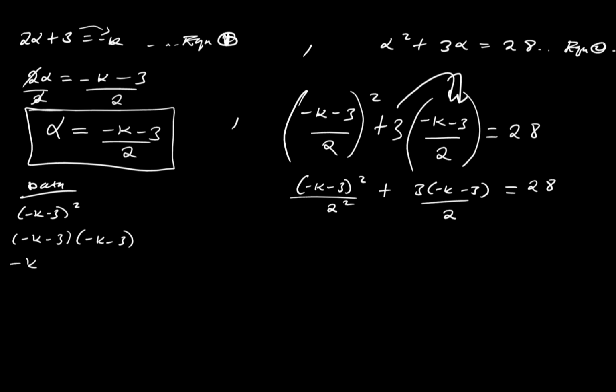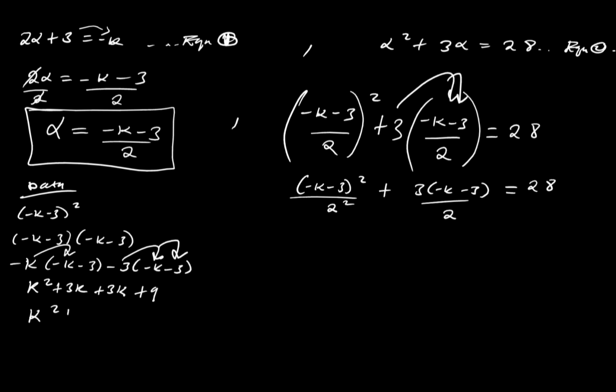Minus k times minus k minus 3, then minus 3 times minus k minus 3. Minus k times minus k is k squared. Minus k times minus 3 is plus 3k. Then minus 3 times minus k is plus 3k. And minus 3 times minus 3 is 9.